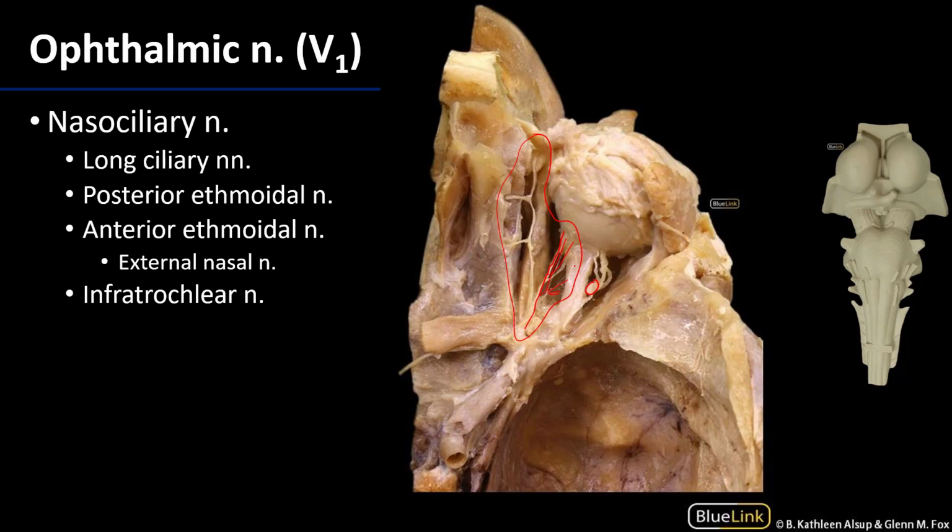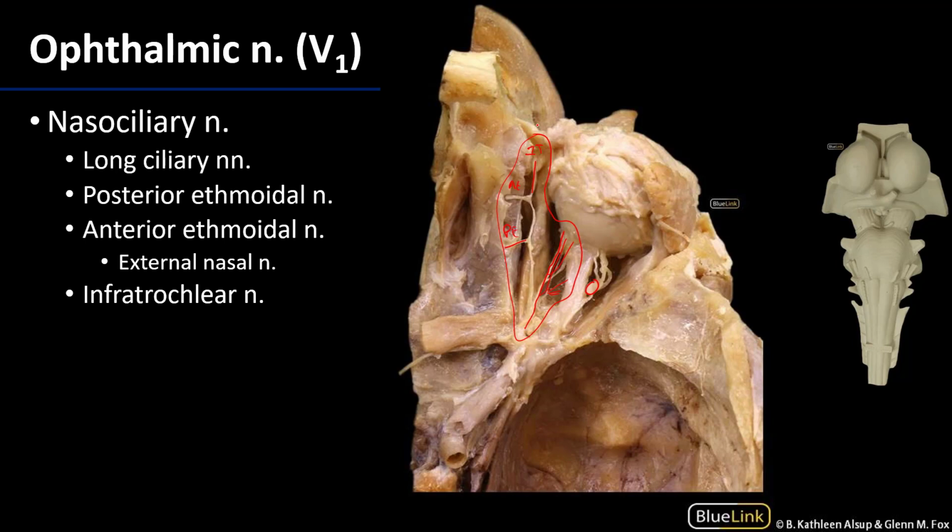In addition to those long ciliary nerves and their branches, we have a posterior ethmoidal and an anterior ethmoidal, and then the continuation of this is the infratrochlear nerve.